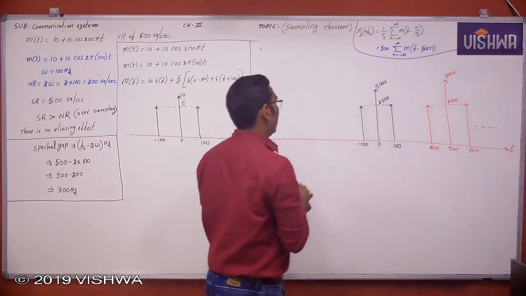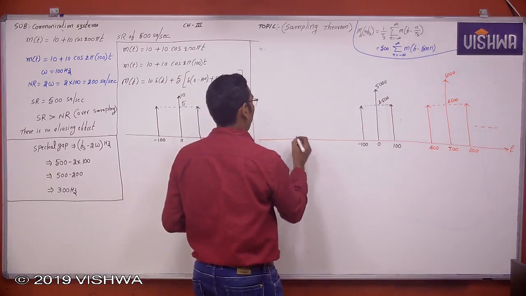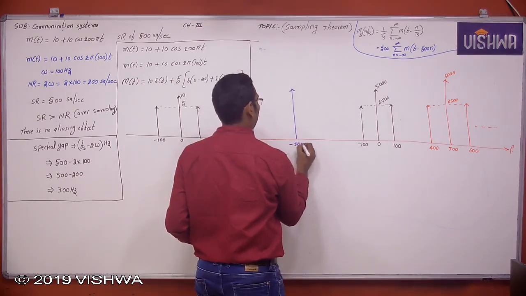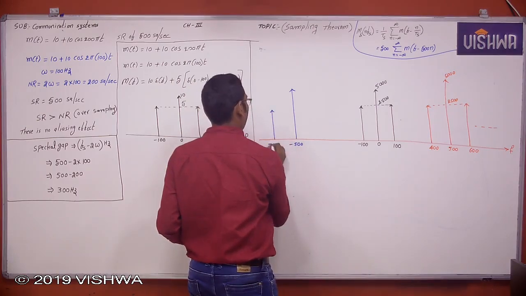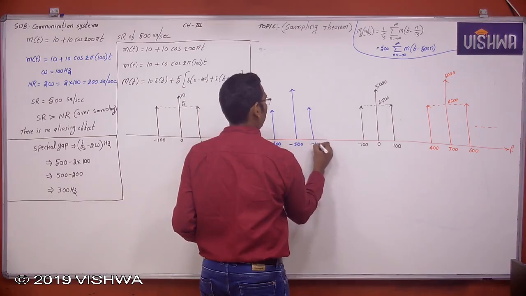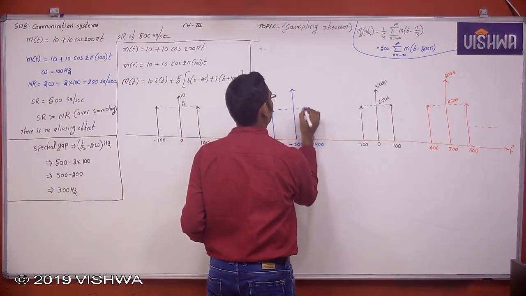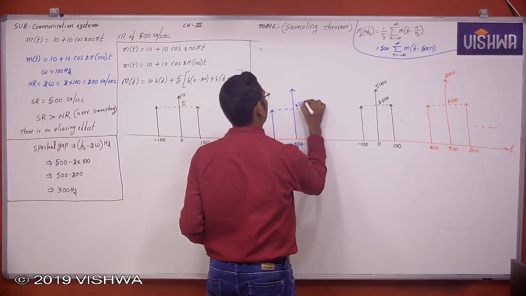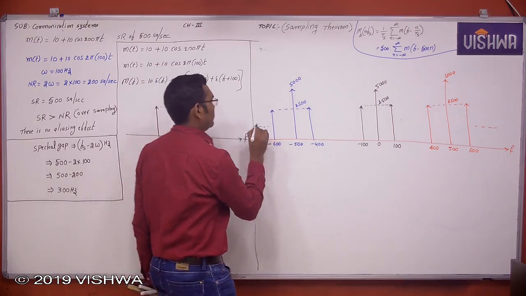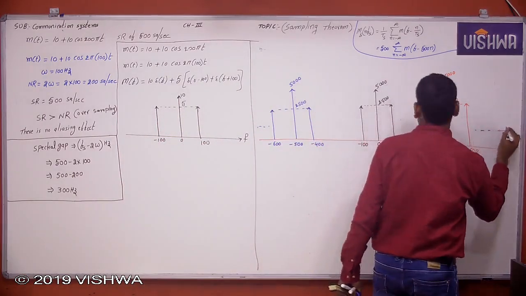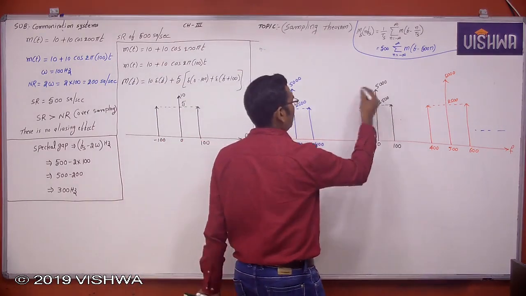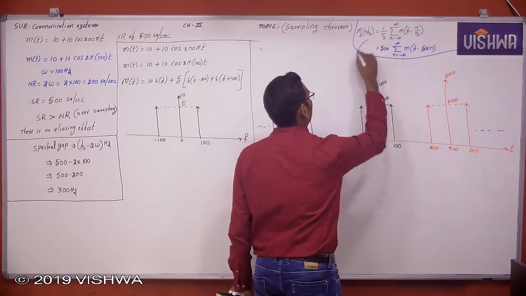Similarly, when n equal to minus 1, this is at minus 500, this is at minus 600, and this is at minus 400. See here, this is the spectrum of the sampled signal.